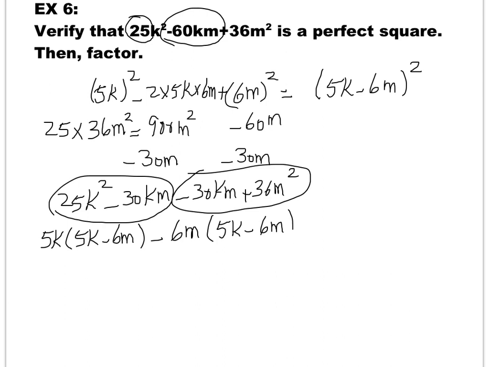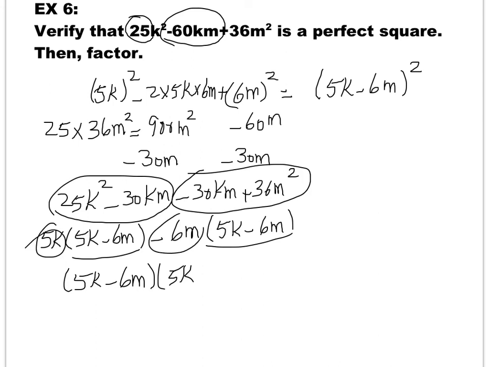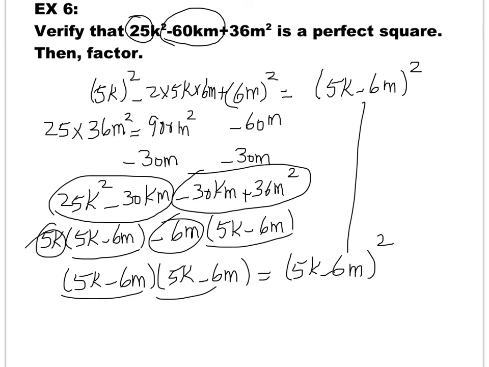Now 5k minus 6m is common, so I take 5k minus 6m out. So I get 5k from the first one, and then negative 6m from the second one. Now these two terms are the same, so I get (5k minus 6m) squared, which is exactly what we got before.